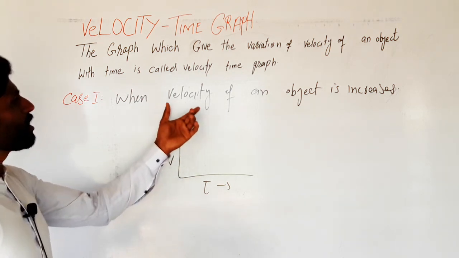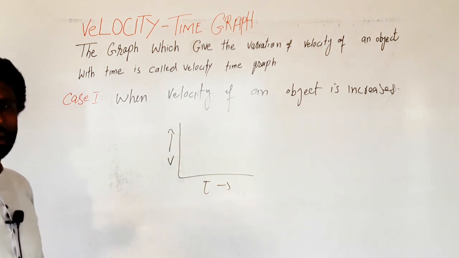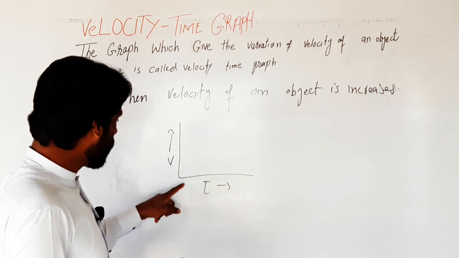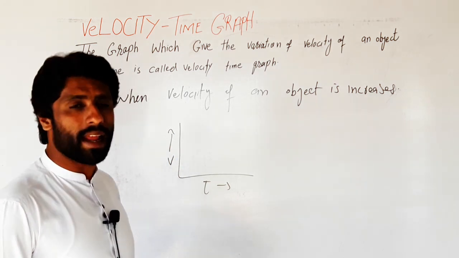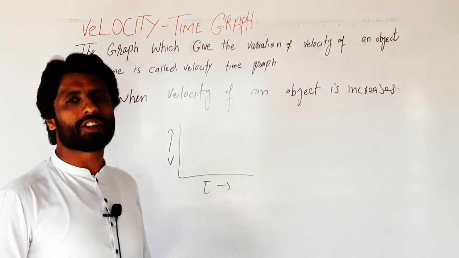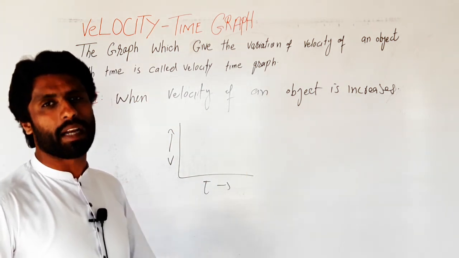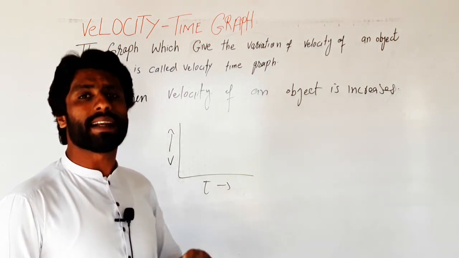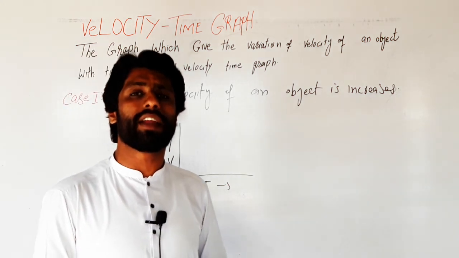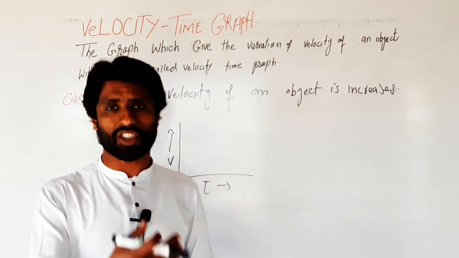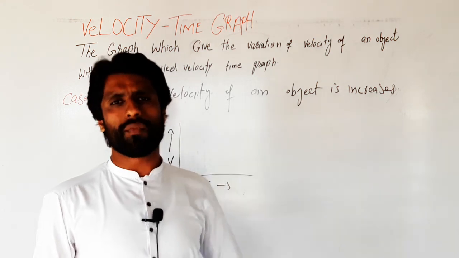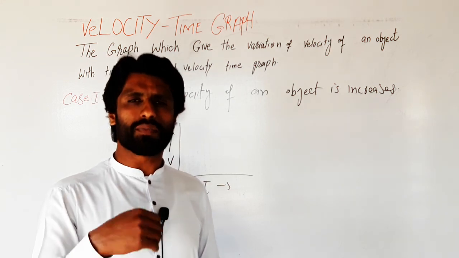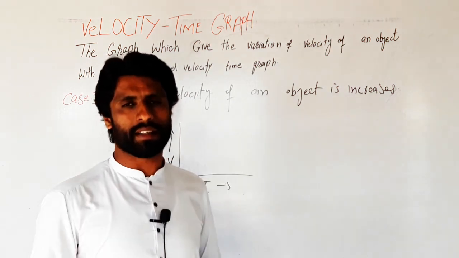When the velocity of an object increases, it means at the first second the velocity is 10 meter per second, and the next second it reaches 15 meter per second, and at the next second it reaches 35 meter per second, and the next second 55 meter per second. It means every 1 second the velocity increases by 5 meter, 10 meter, 15 meter.